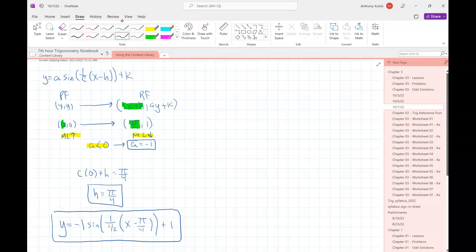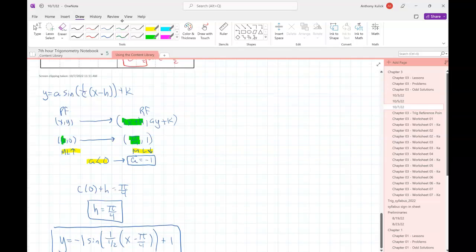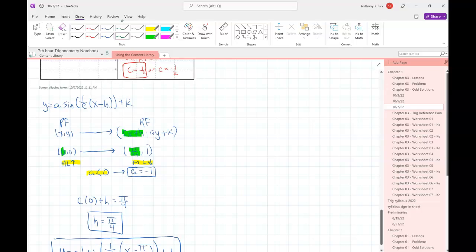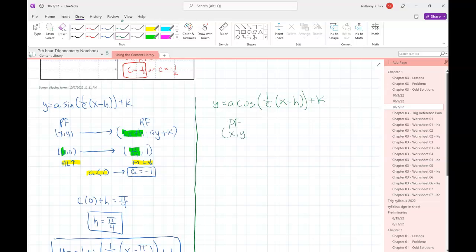Let's do the cosine. From the parent function, we're going to use the point 0, 1, which was a maximum.